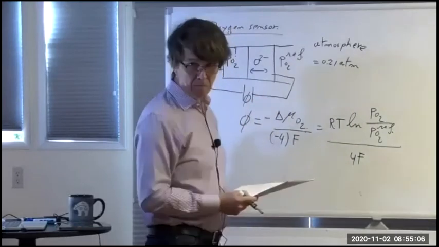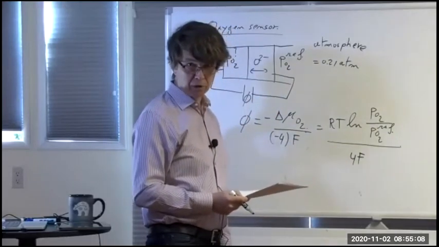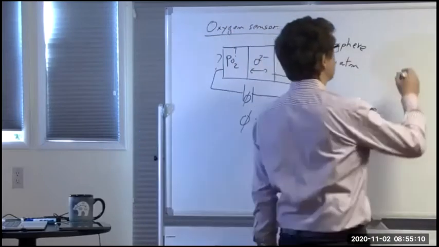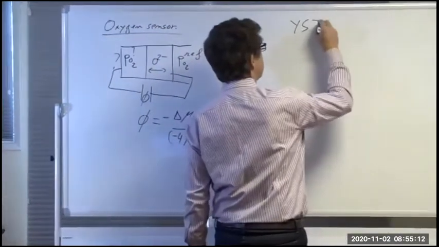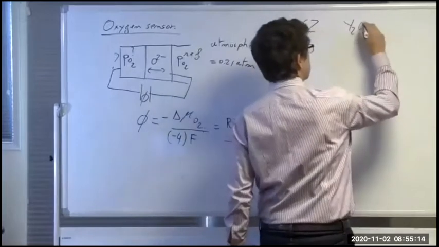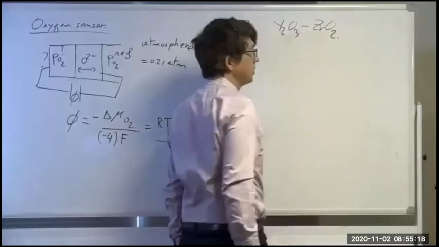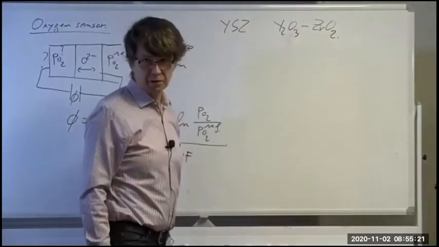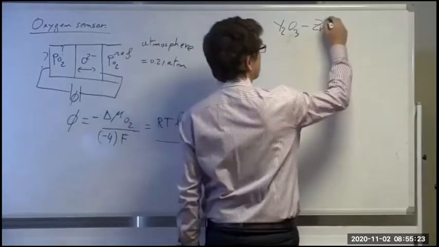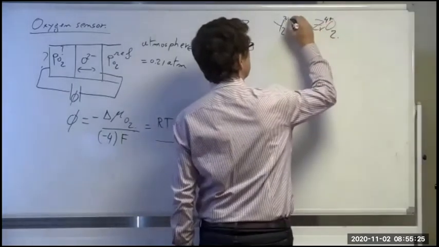All you need is a membrane that conducts oxygen ions, and typically in most oxygen sensors this is what's called YSZ, which is yttria stabilized zirconia. So it's mainly zirconia that's doped by yttrium. And as good material scientists, you know why that is, right? Because zirconium is 4+, yttrium is 3+.